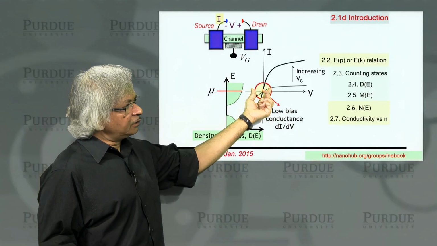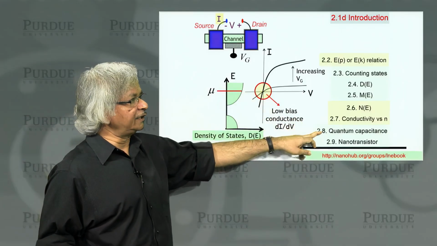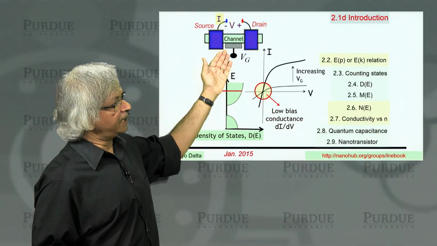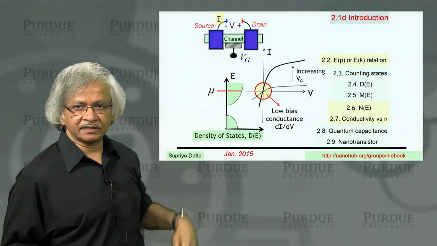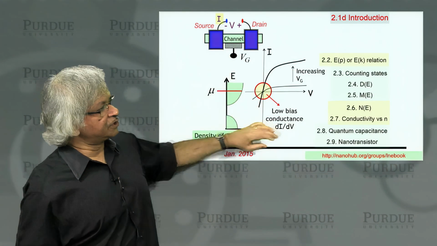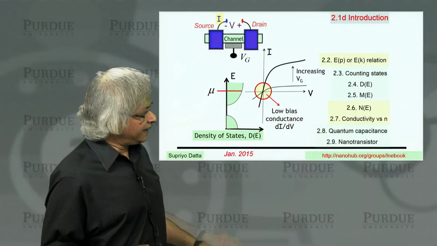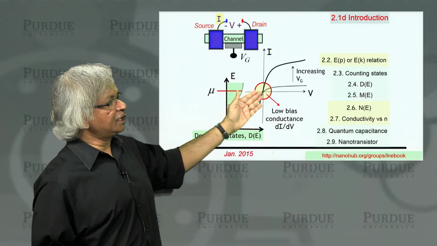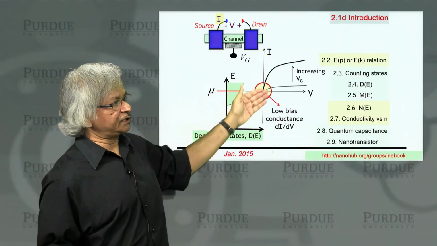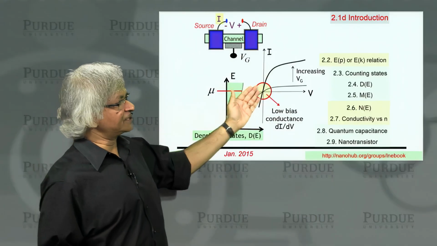So what we'll be doing in these last two lectures is, first, in one lecture, we'll talk about how the gate voltage controls this low bias conductance, and that will introduce a very important concept of quantum capacitance. And then, in the last one, we'll talk a little bit about the shape of this current voltage characteristic. You'll notice these have this property of what you call saturation.